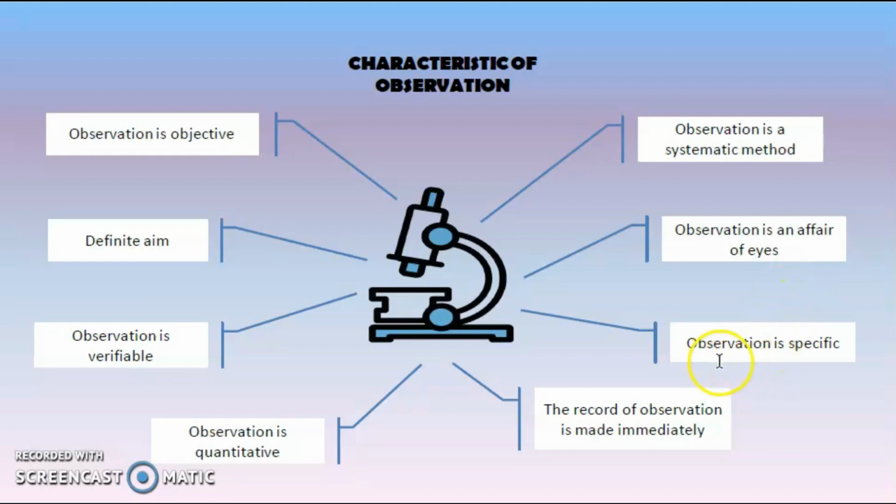Next, observation is specific. It is not just looking around for general aspects of human behavior. Rather, it is directed at those specific aspects of the total situation which are assumed to be significant from the standpoint of the purpose of the study.